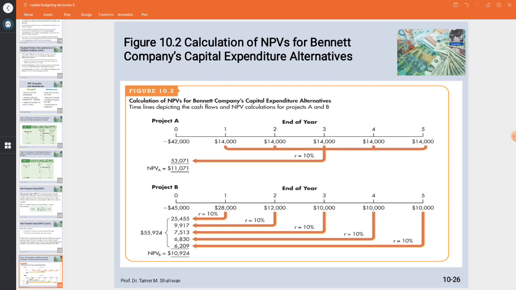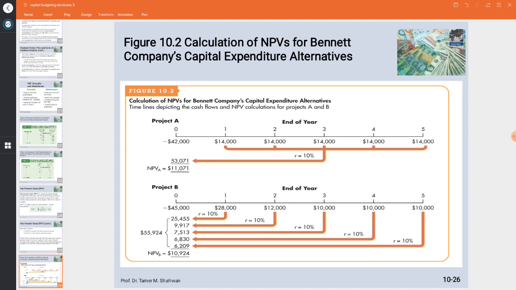Each one of them will be discounted at a specific constant discount rate, and then we take the aggregate sum of those discounted cash flows to determine the PV of cash inflows. Then we subtract our initial cost. The NPV for project B will be 10,924.